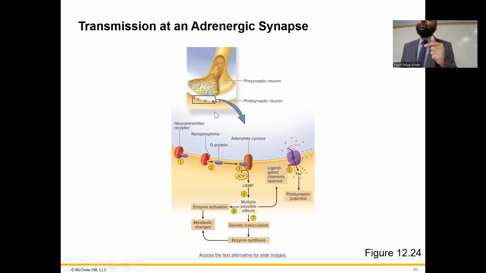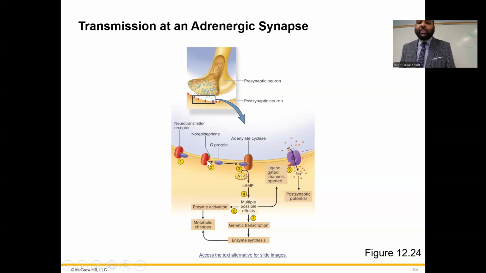And for GABA, you have GABA that is secreted and binds to postsynaptic ion channels that allow for the influx of chloride, leading to hyperpolarization and inhibition. Here you don't see any of that. Here you see a G protein coupled receptor. This receptor would bind to the neurotransmitter norepinephrine, because norepinephrine cannot enter into the cell.